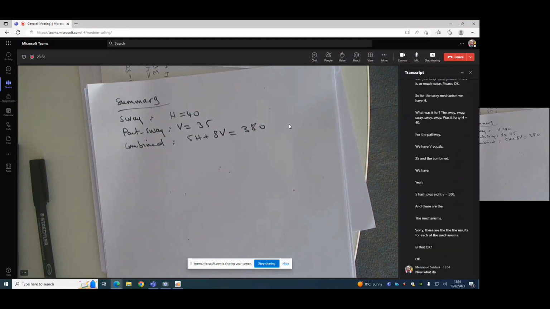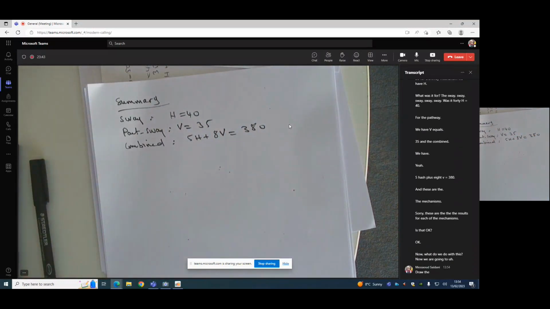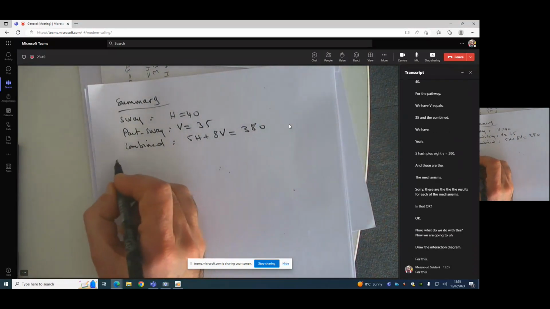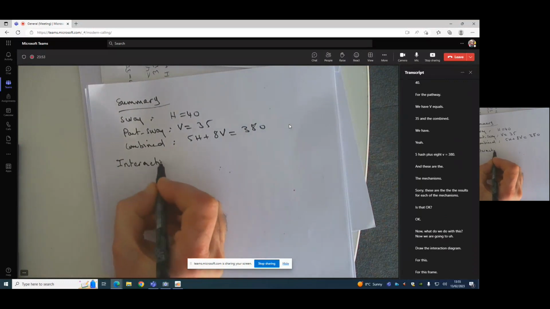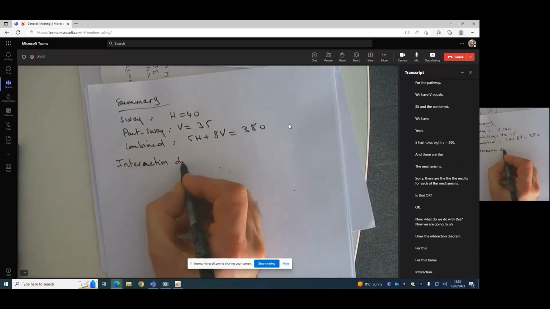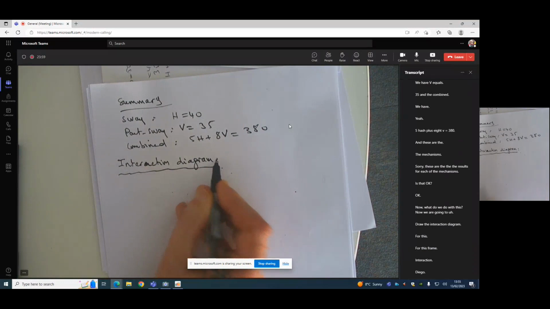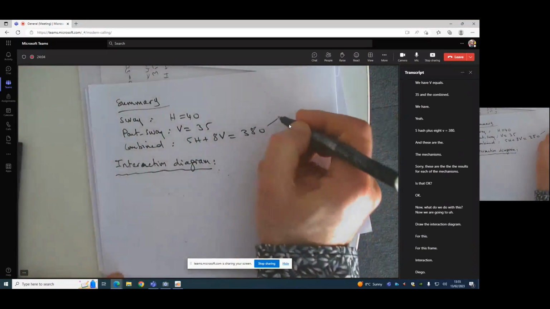Now, what do we do with this? Now we are going to draw the interaction diagram for this frame. Can you give me what V is for H equals 0?